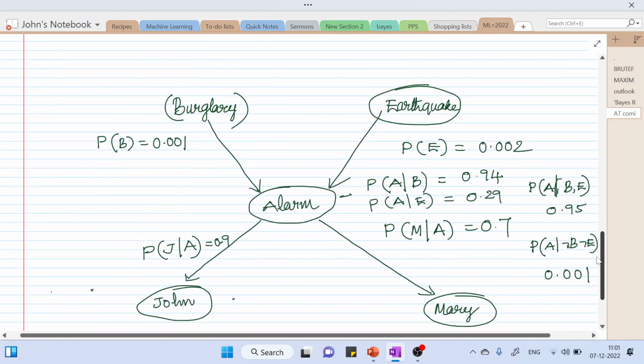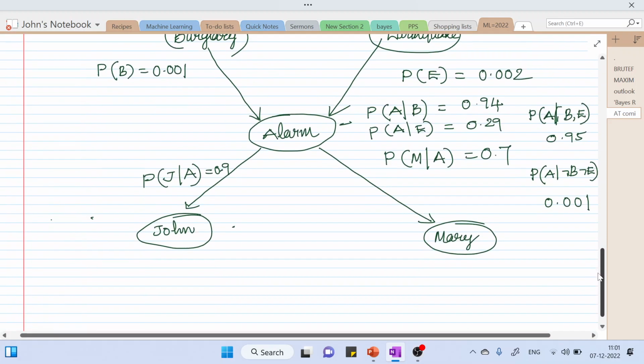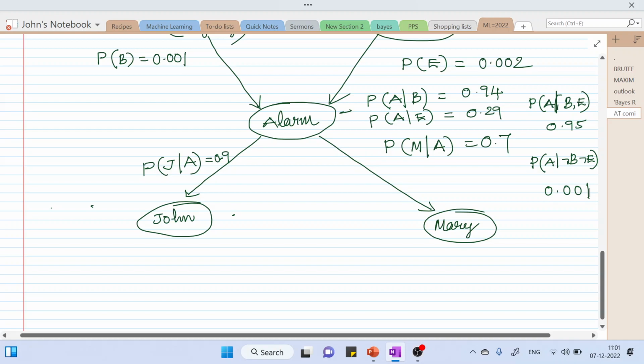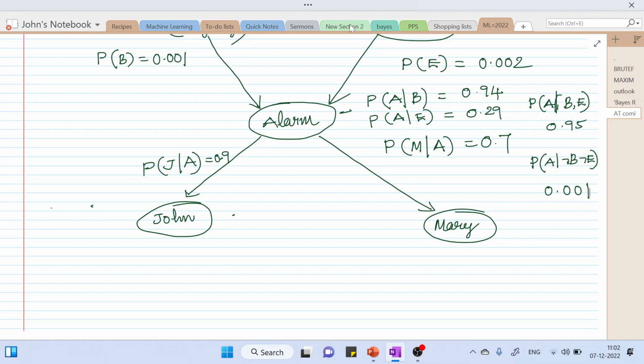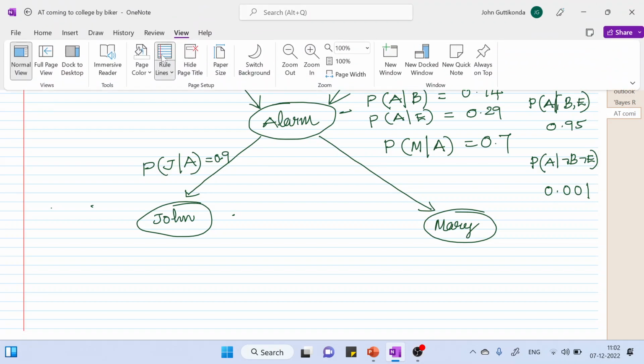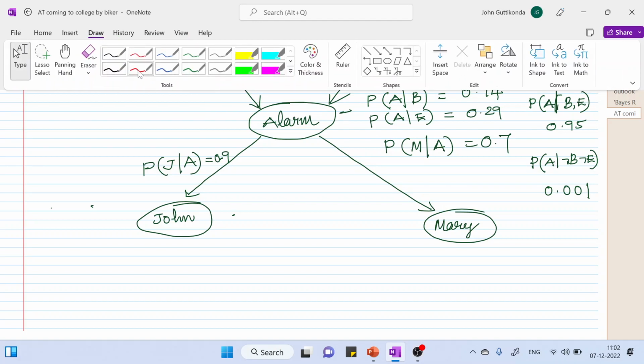The first question is: from the given data, calculate the probability.